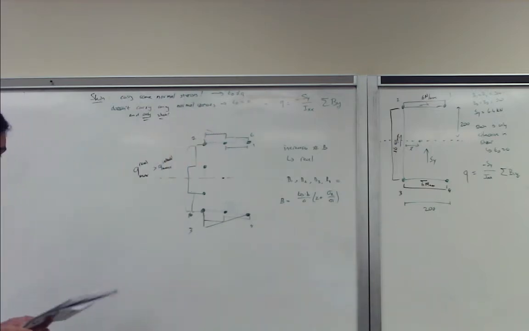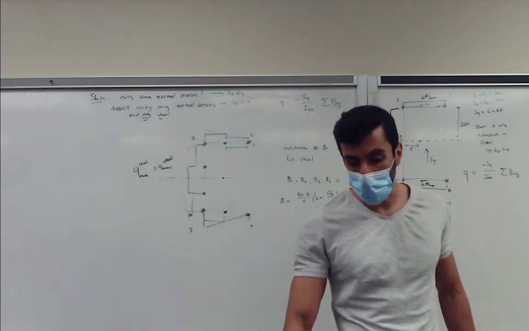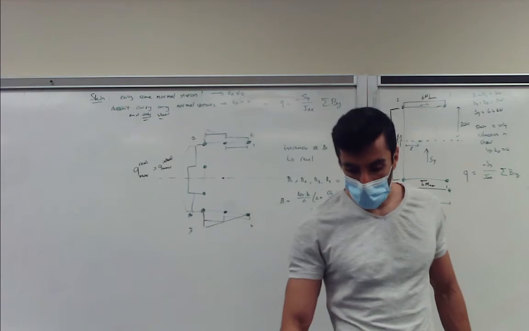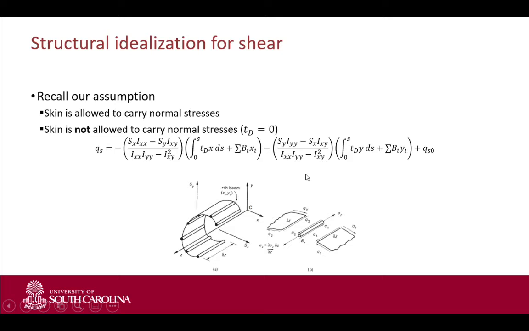Okay. I'm going to show an in-class example. This is actually a good example for you guys to do at home. So I'll discuss this one next lecture, because I want to give you an opportunity to do it before we go through it. What we said earlier as well, for the skin, we assume it can or cannot carry some normal stresses, and that affects whether t_D is equal to 0 or not equal to 0.